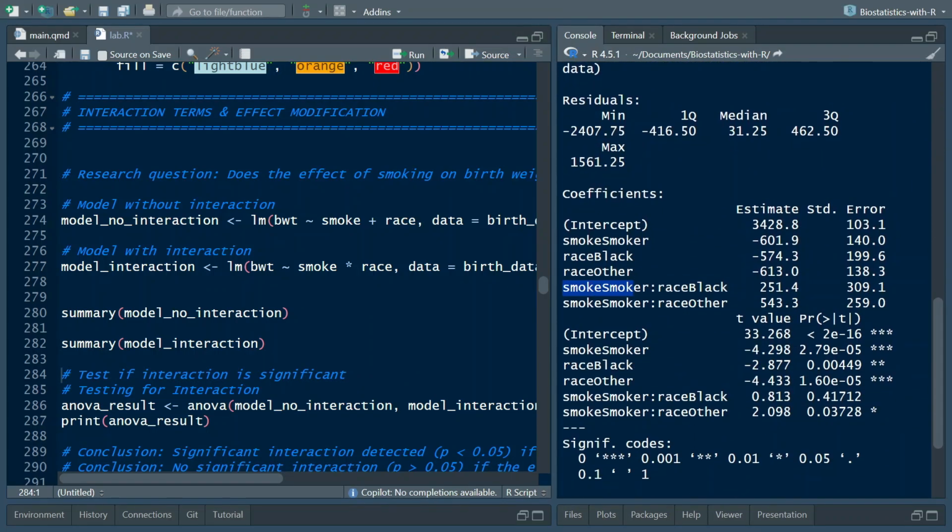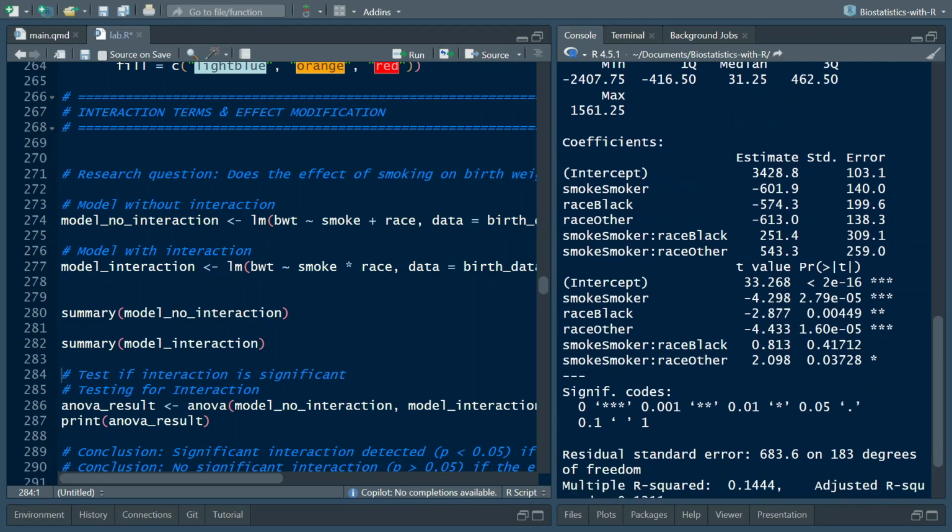Now I'm just going to explain the interaction component, since we already know how to explain the other components. What this interaction component means is that someone who smokes and is from the black race is likely to have their birth weight increase by 251.4 compared to someone who is not a smoker and is from the white race.